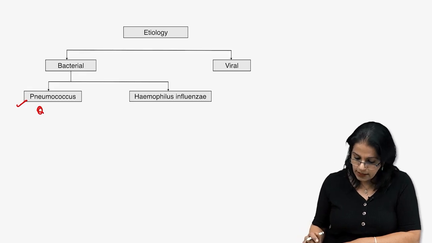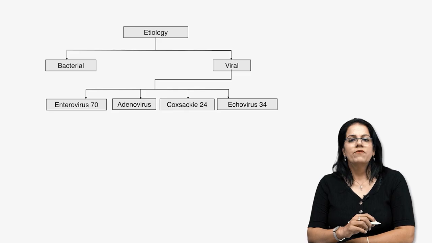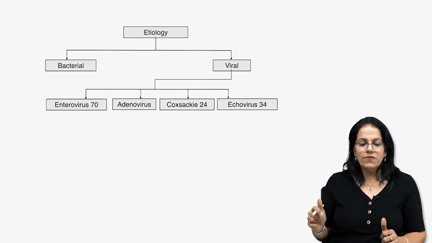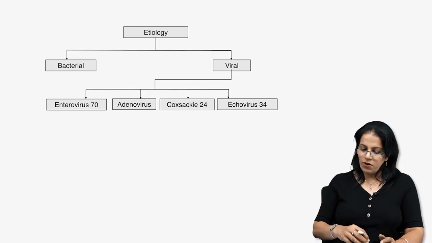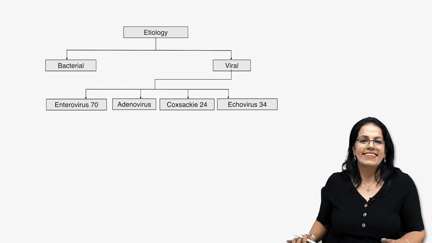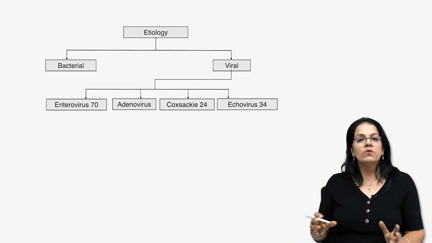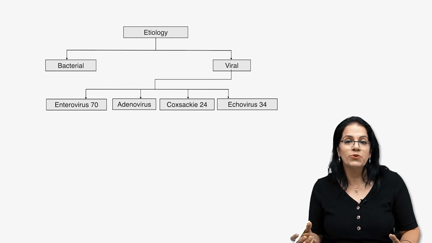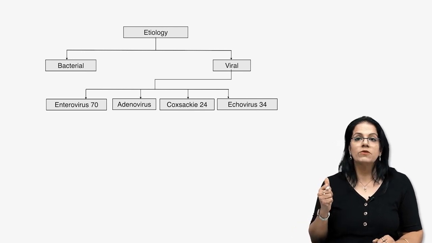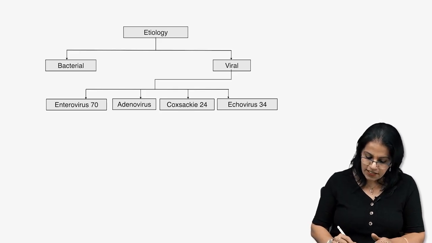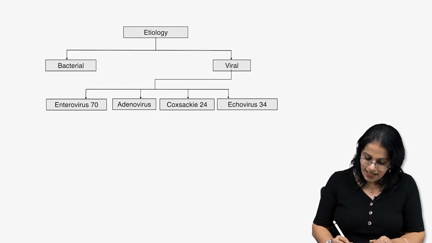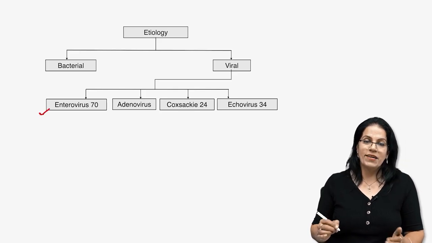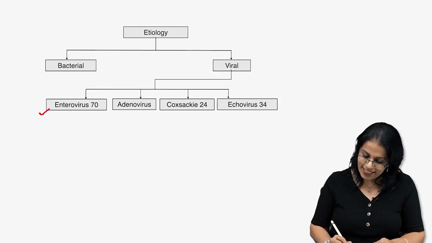Coming to the viral causes, enterovirus 70 should always be preferred. If there was a question where almost all four viruses were given, and more than two options are correct, which one to choose? Enterovirus 70 comes always first because there was a very severe epidemic of enterovirus 70. Since then it is asked, but I am not very sure it is going to be asked now. It has been a long while, but still you should know this.